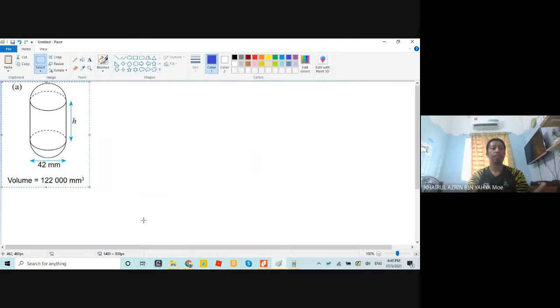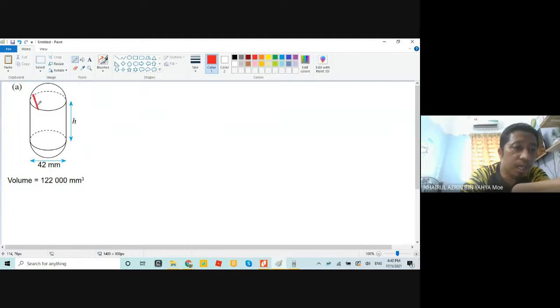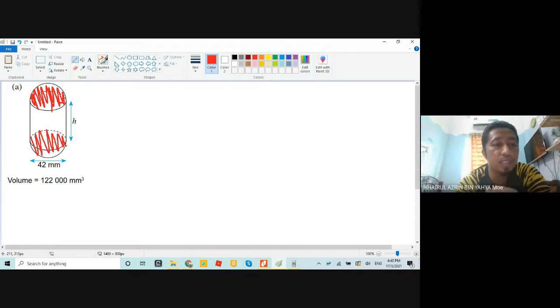Volume of one cylinder plus volume of one sphere, because two hemispheres combined become one sphere. I hope you understand. Or maybe I can color this one for you. This is a hemisphere. This is another hemisphere. So these two hemispheres combined become one sphere.